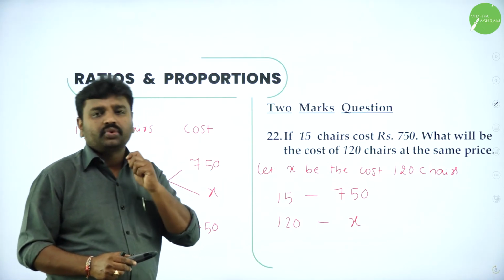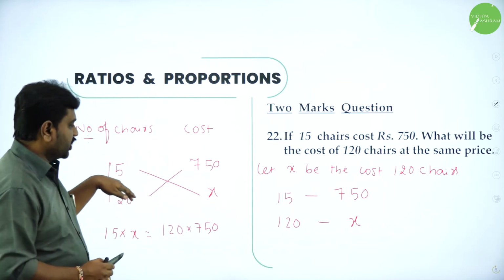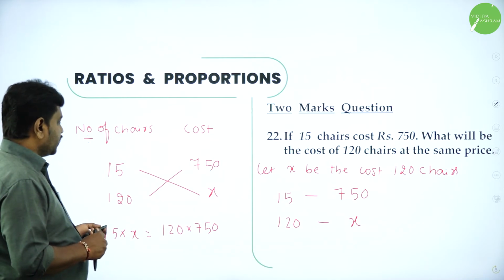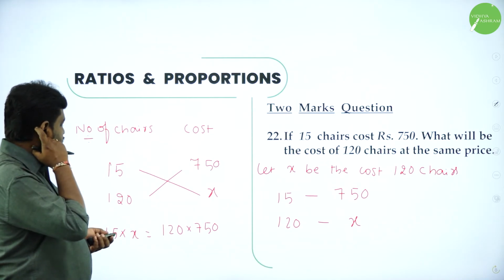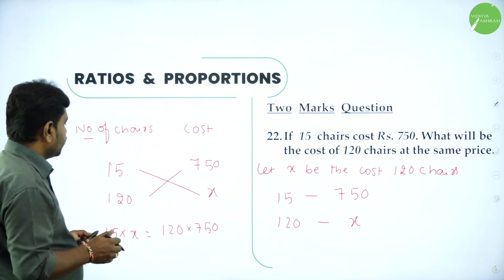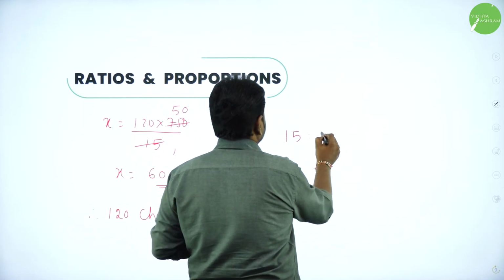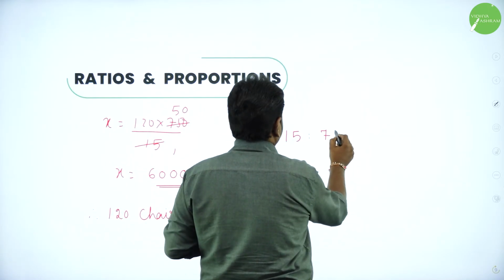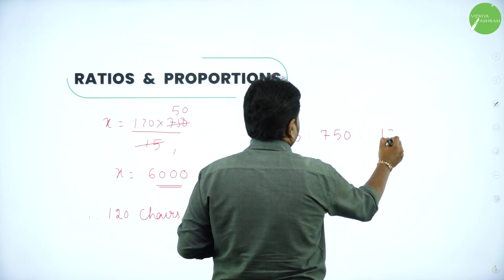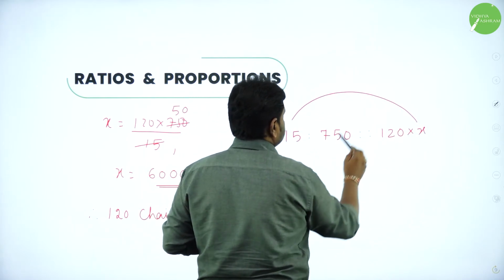If it is a direct proportion, then you can cross multiply. If you take the ratio 15 is to 750 is equal to 120 is to x, you know the product of extremes is equal to the product of means.